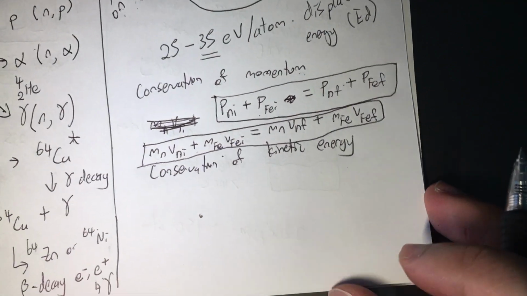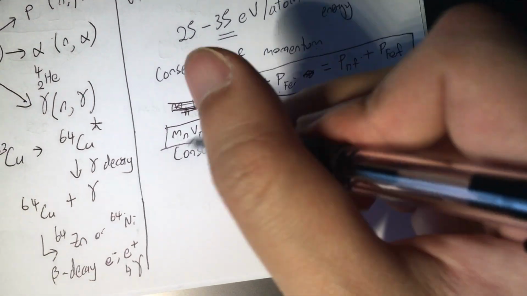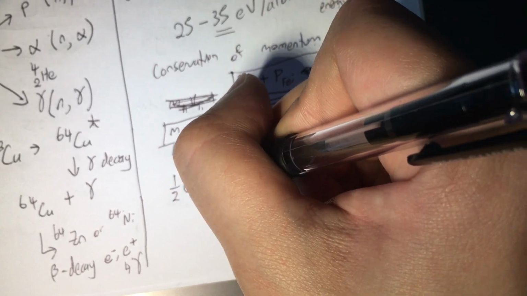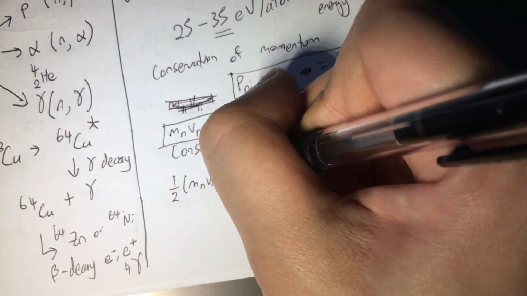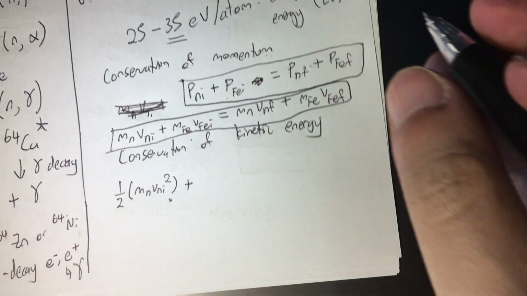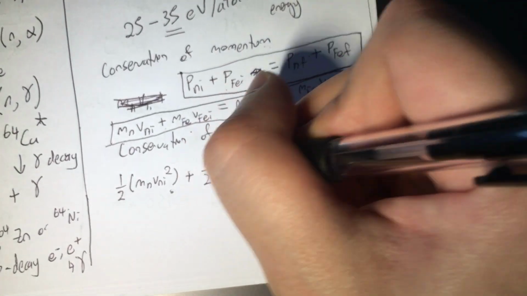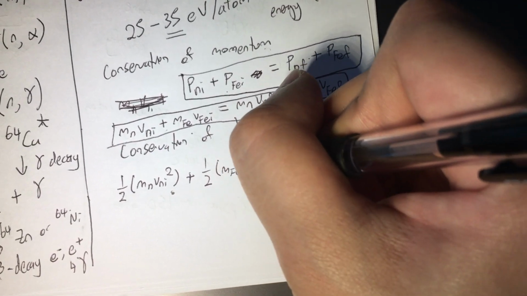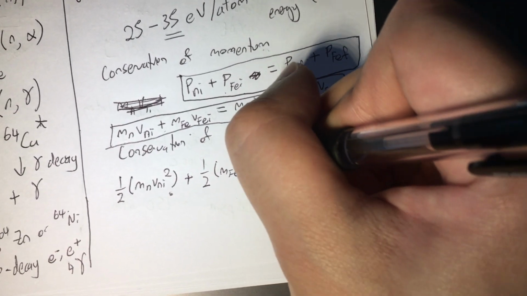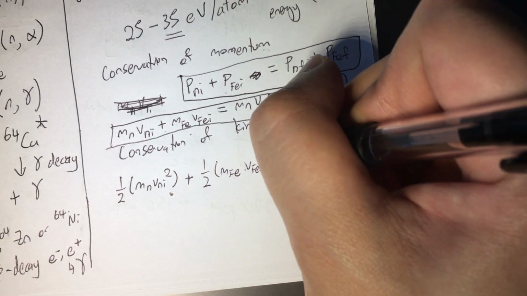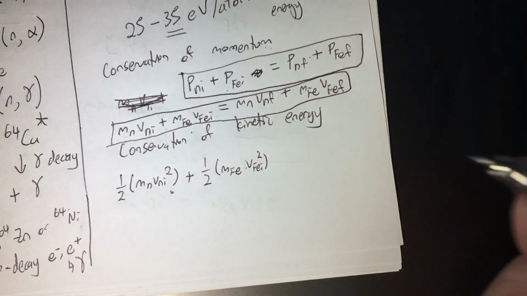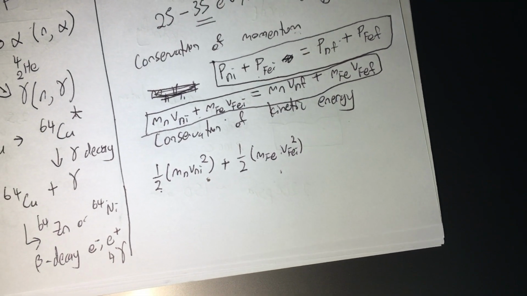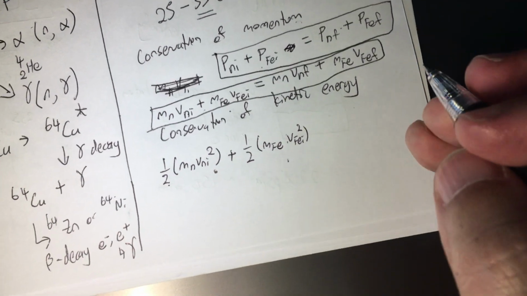Okay, so what about kinetic energy? Well, we can do this: half m v squared. So this is the initial kinetic energy of the neutron and the initial kinetic energy of the iron nucleus.